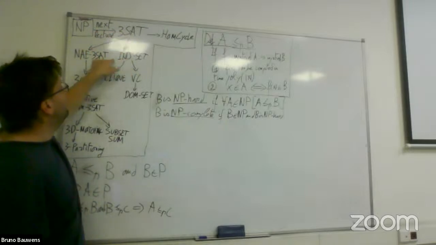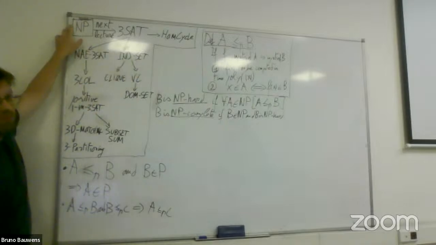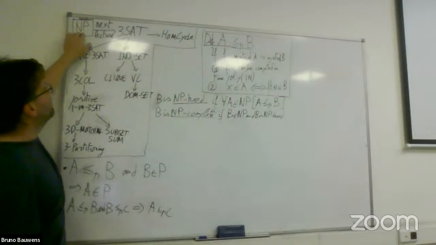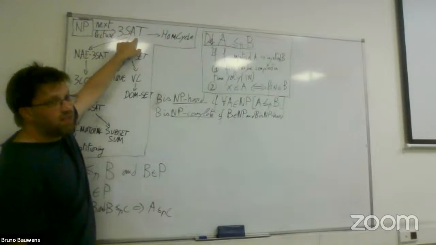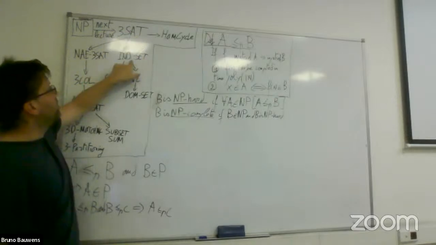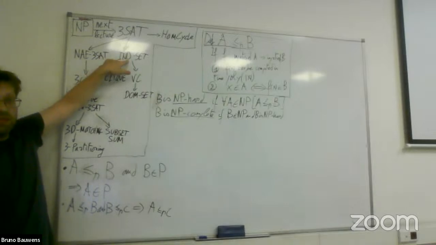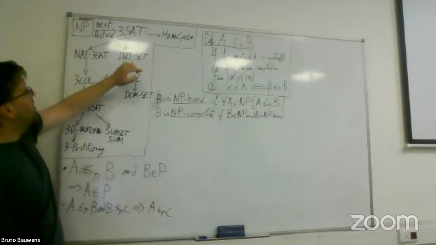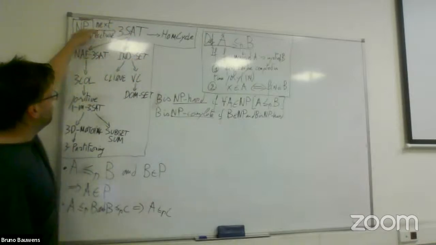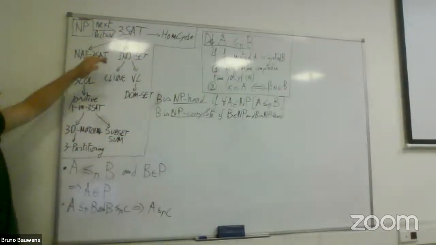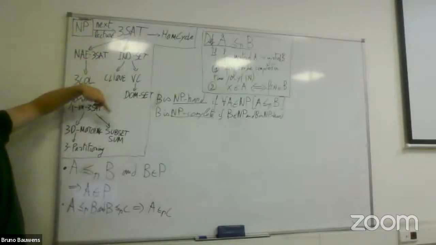We conclude that the independent set problem is NP-complete because from every problem in NP we go to 3-SAT, and from 3-SAT we go here. So from every problem here we can go to independent set by transitivity. After we believe this, we will prove that all these problems are NP-complete. All these problems are in NP themselves.